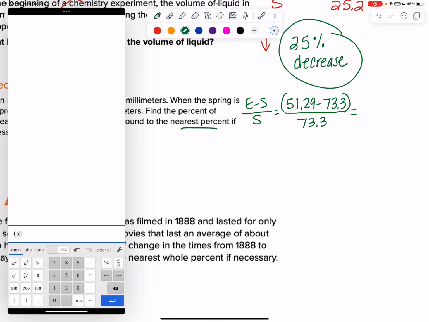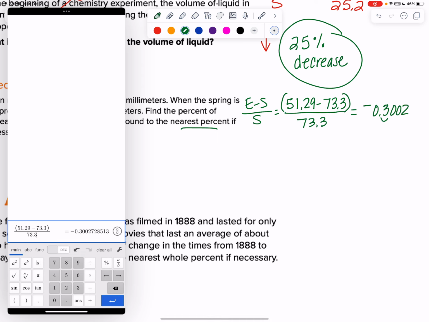So open parentheses, 51.29 minus 73.3, close parentheses, and then divide it by the start, 73.3, and let's see what we get. We get another really long decimal. So I have a negative 0.3002.